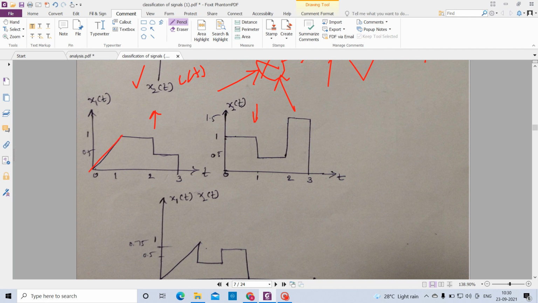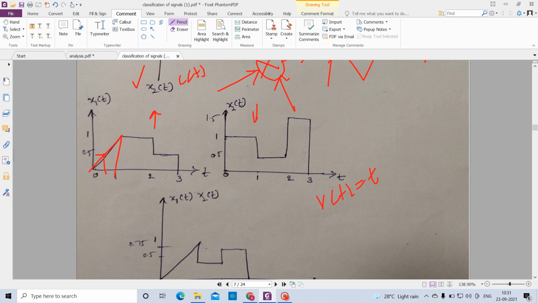If the time is 0, the amplitude is also 0. If the time is 1, the amplitude is also 1. The equation is r of t equal to t. This is the functional representation of a ramp signal. We know these things already.